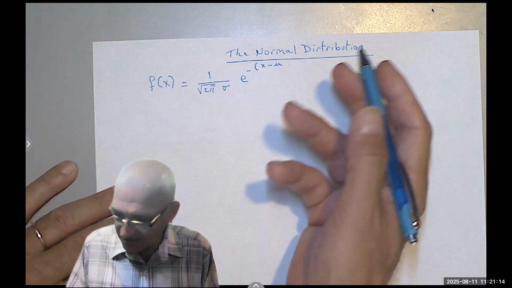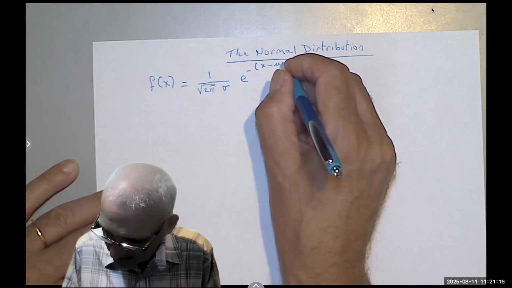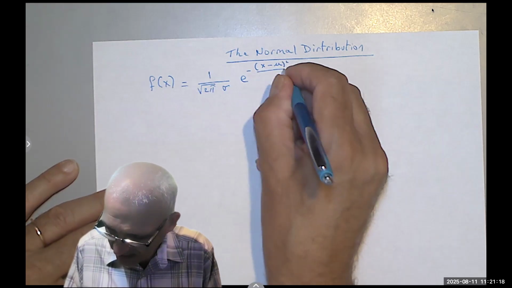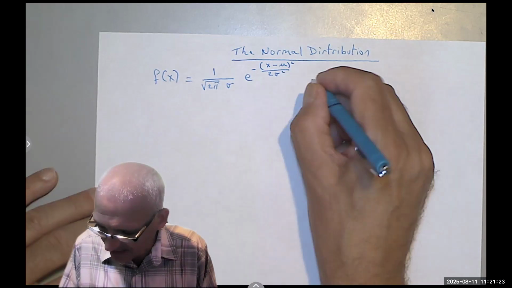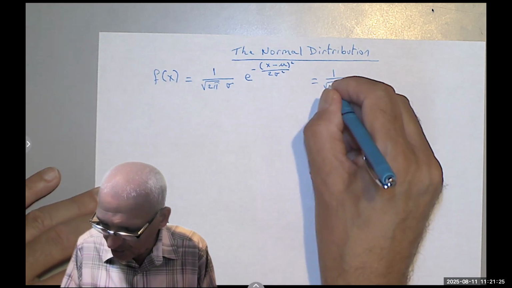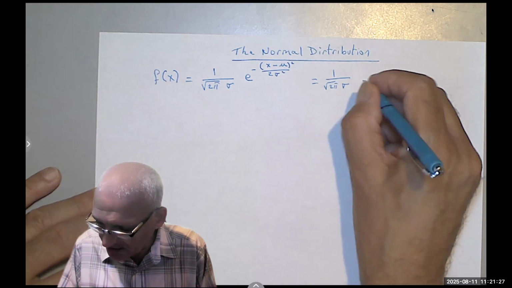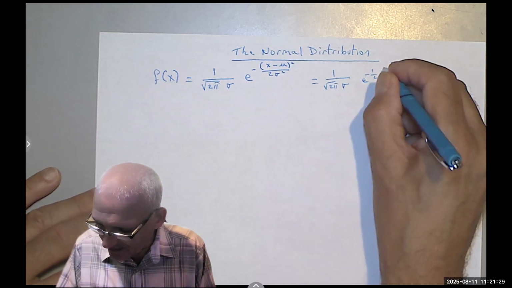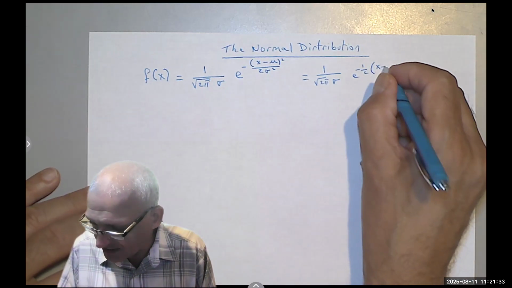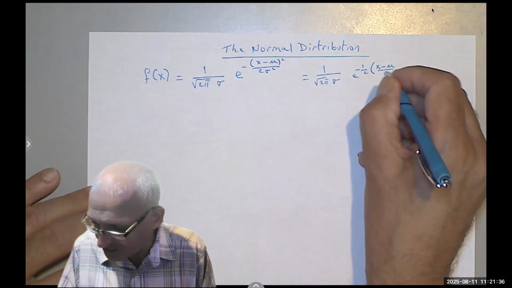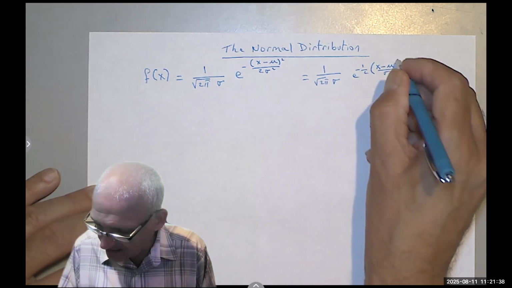I prefer to write it like that. Some people write it as 1 over the square root of 2 pi sigma, e to the negative 1/2, and then between parentheses, x minus mu over sigma, which I prefer, and you will see why in a second.